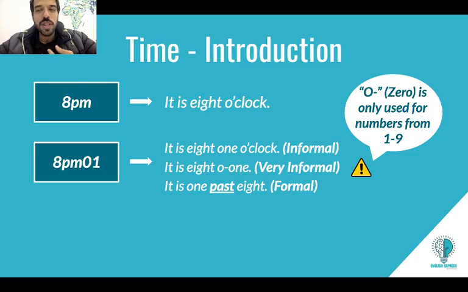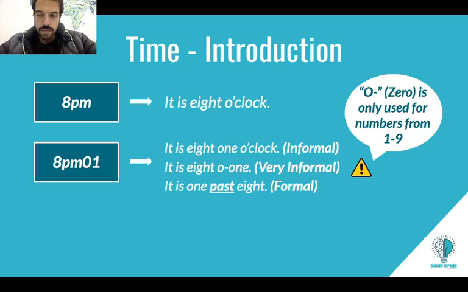And we're talking about number 0 as letter O, okay? So this 8:01 is only used for numbers from 1 to 9, right? So it is 8:02, it is 8:03, it is 8:04, it is 8:05, and so on, okay? Just until 8:09, okay?